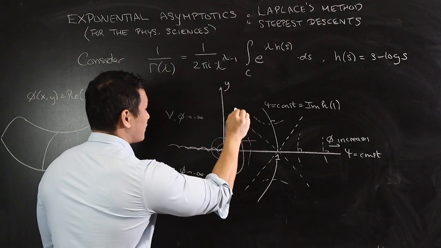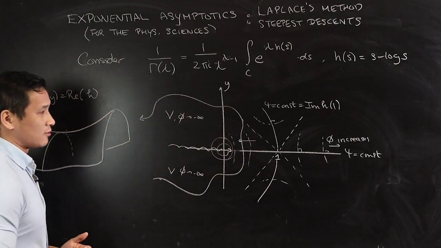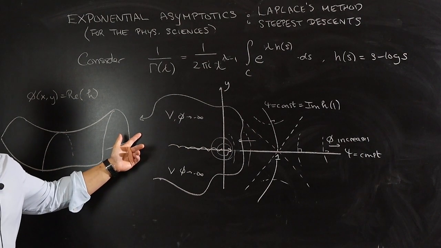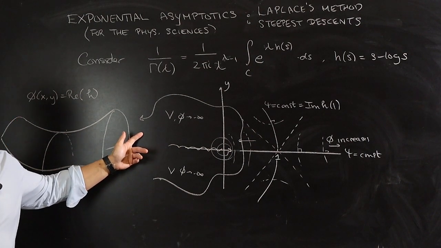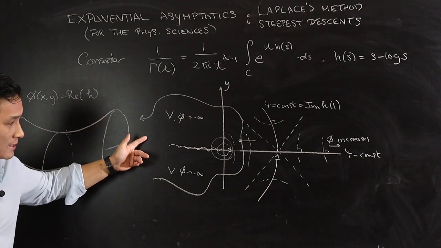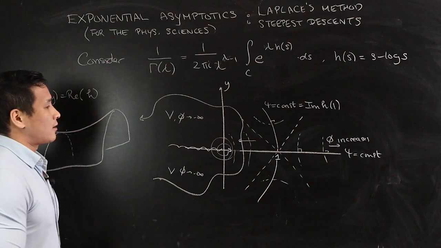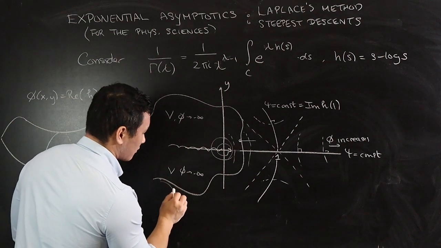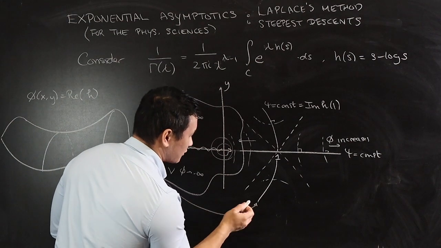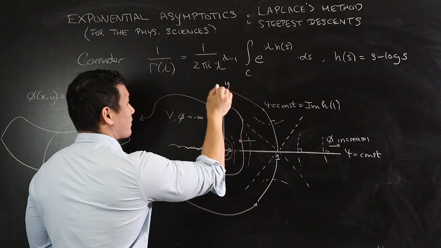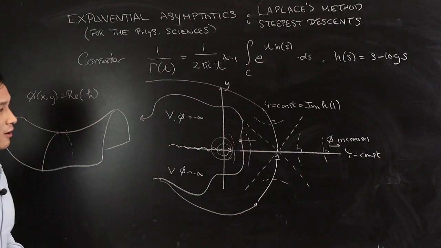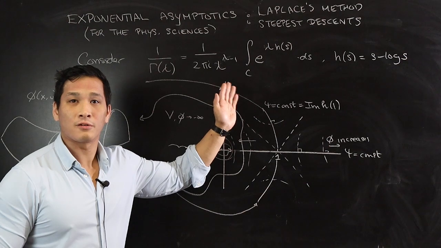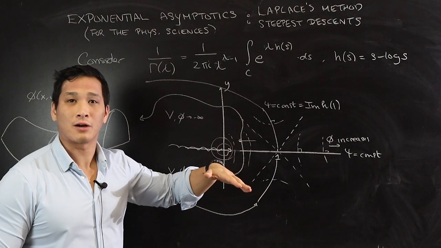It does whatever it needs to do to get back to minus infinity up there. By Cauchy's theorem, you're always allowed to deform this into paths of steepest descent or ascent, or along any other path. But if you deform it and attach yourself to this curve and come back to infinity along that curve there, then along this curve, psi is constant. Your phase is not changing. It's not rapidly oscillating.